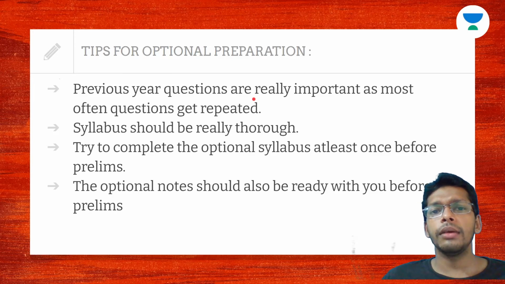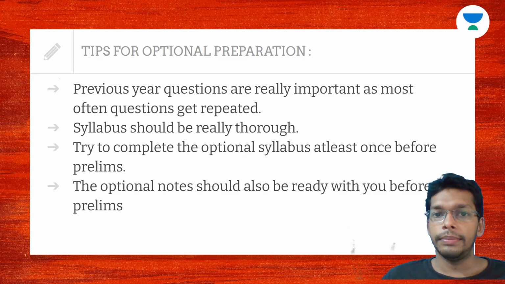So what you have to do is see the previous year questions, and if you compare different years, you will see that the questions are being repeated in various years. So you'll get an idea about which area to focus on, and you can prepare a framework of an answer for those particular questions which are continuously being repeated in the mains examination.